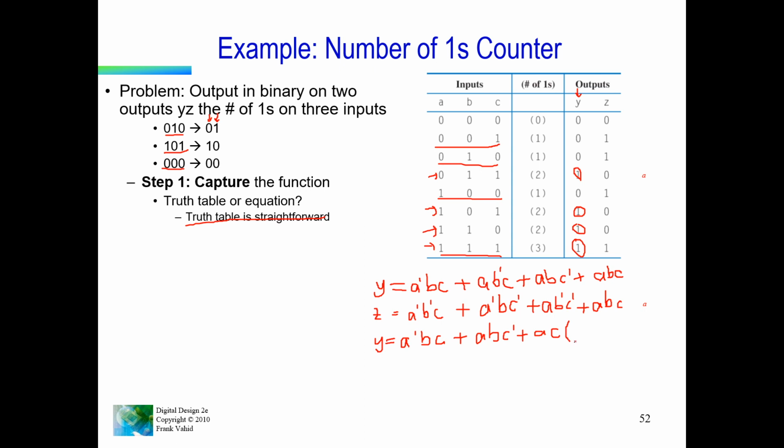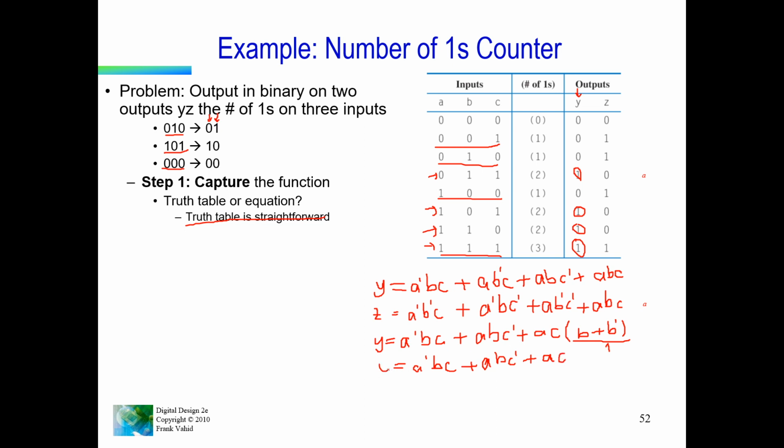Let me take AC parentheses, and here B or B prime comes. So I can write Y as A prime BC or A B C prime or, this becomes 1, so this becomes AC.